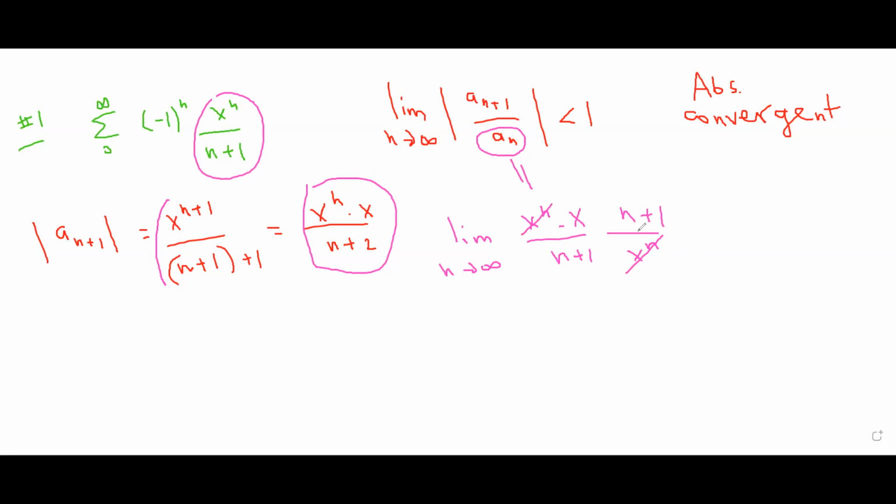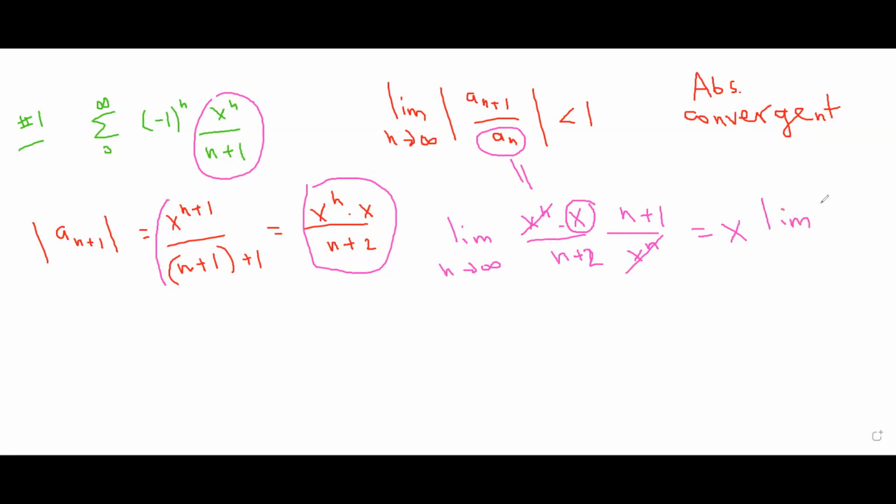So I find what the limit is. I think it's n plus 2, right? Should be careful. So looks like x has nothing to do with n. Whatever x is, 1 or 2 or pi or a billion, it'd be the same thing throughout every single term of my series.